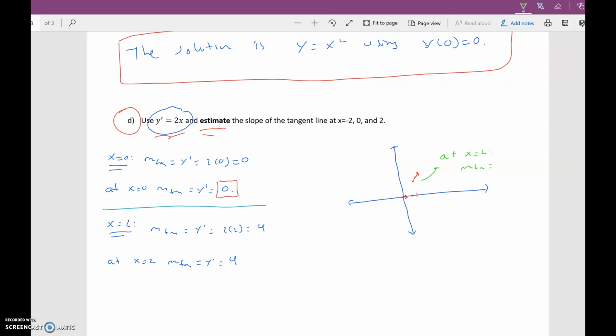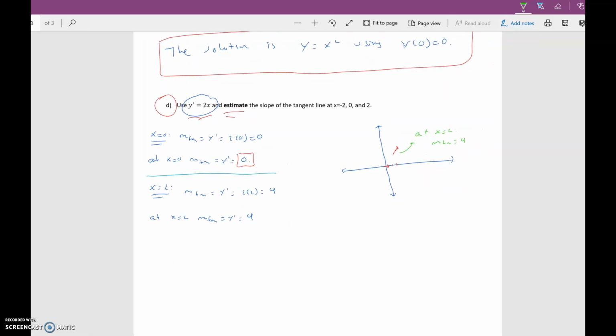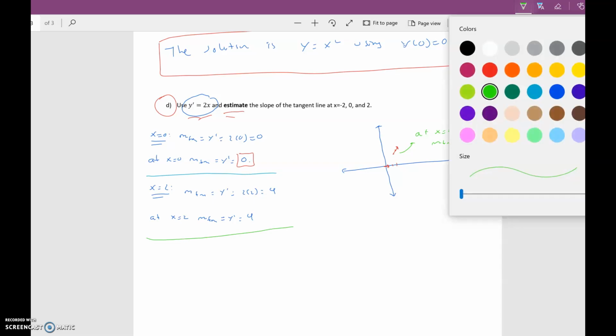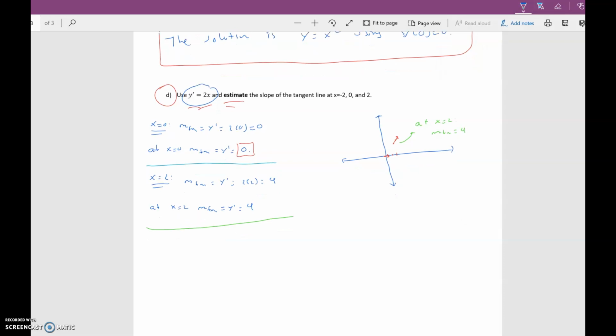So m tangent is equal to 4. And you can write it as approximately, because for some of these you need to have the x and the y, and they're not giving us the x and the y. I just wanted to illustrate the slope fields for some of these problems before we jump into Euler's method, which is technically estimating coordinate points of the given function.